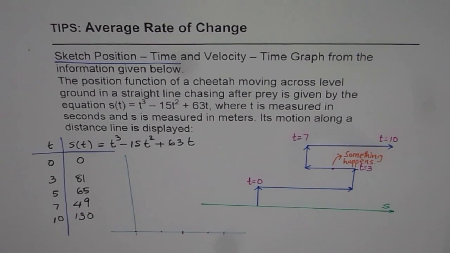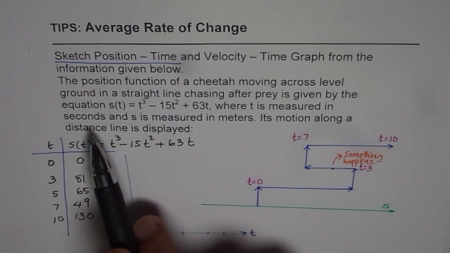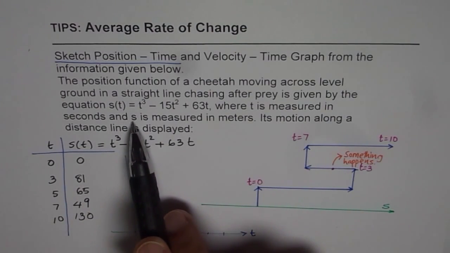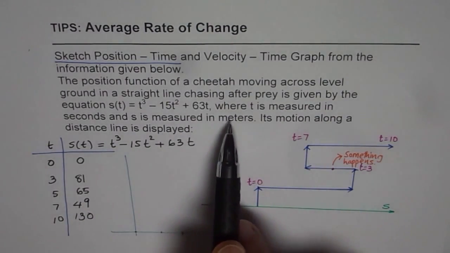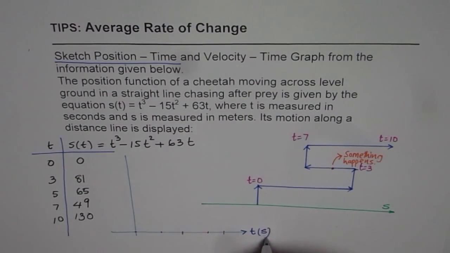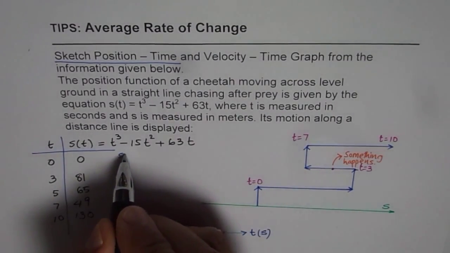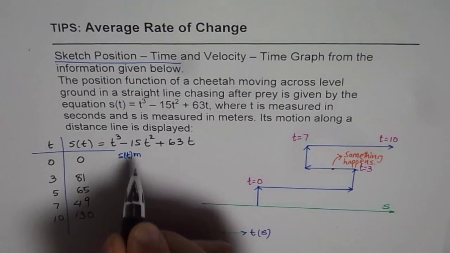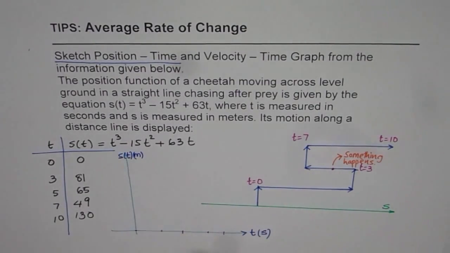Okay, so these are my time values. Time is given to us in seconds, and the distance s of t is measured in meters, right? So that is in meters.